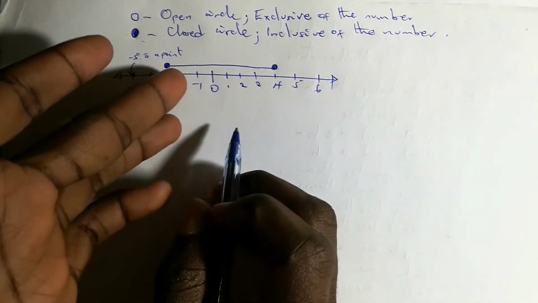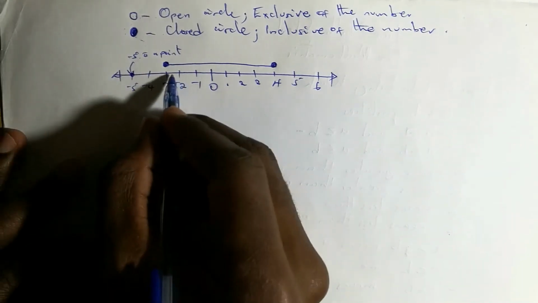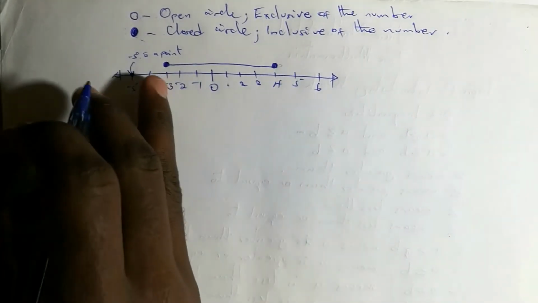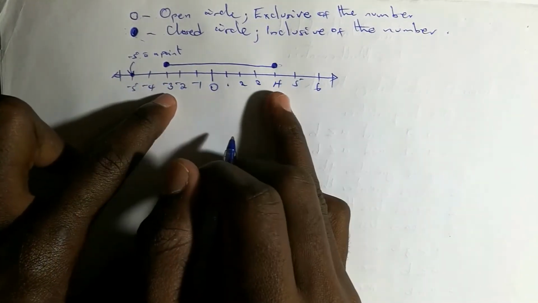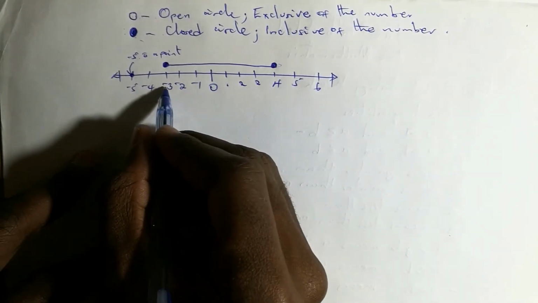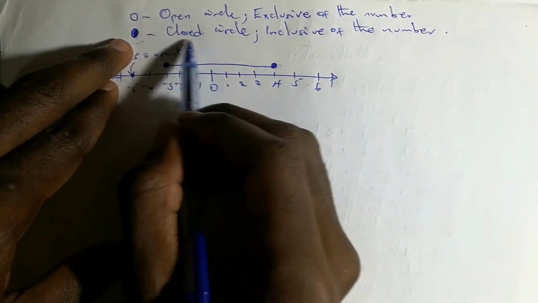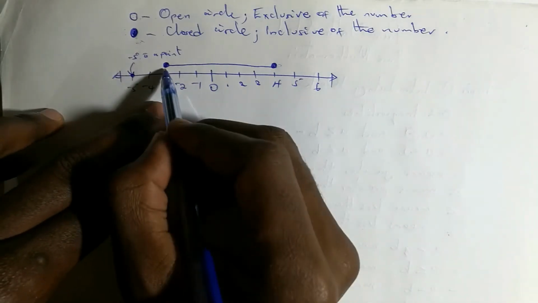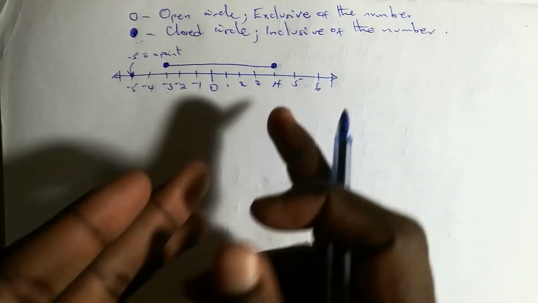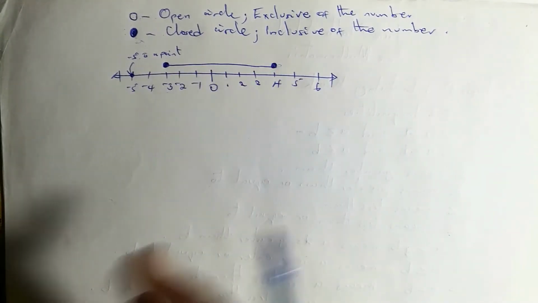So we can interpret this section. Since we have a closed circle here and a closed circle here, and they are on -3 and 4, that means we are simply going to be having a set of numbers from -3 up to 4. With this closed circle, remember I said that it means inclusive of a number. So whenever you see a closed circle on top of a number, that means you're going to include that number in your set, as well as this side of 4, you're going to include 4 in your set.